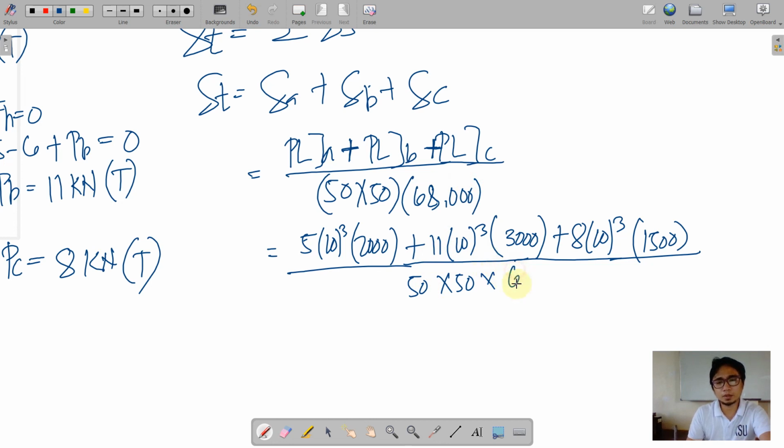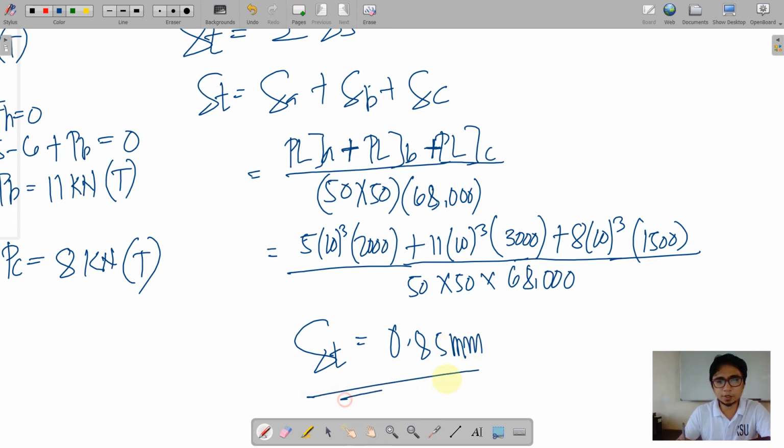Okay, so finally we have the total elongation to be equal to 0.85 millimeters. So this is the total elongation for that bar. Okay, so please stand by for the next problem.